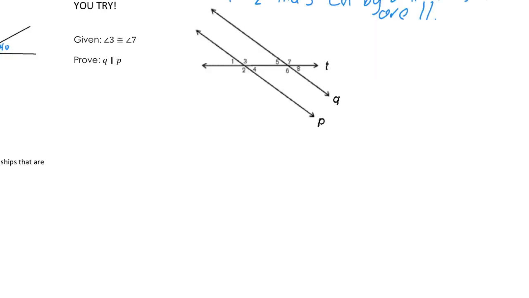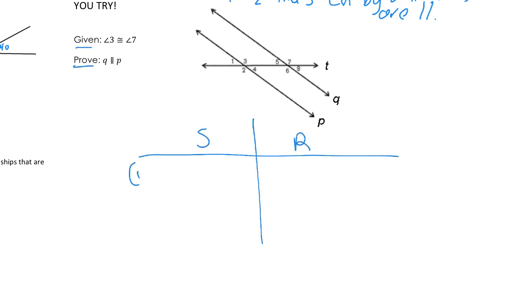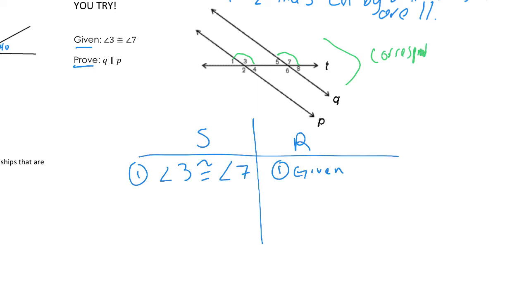First thing I want to do, it's a proof. It says given and prove. So I'm going to write my statement and reason chart. And step 1 is always write down the given. So angle 3 is congruent to angle 7. And they gave it to me. That's how I know. So step 2. All right, let's look at angle 3 and angle 7, and they're equal. What kind of angles are those? Oh, those are corresponding. Well, I know if my lines are parallel, corresponding angles are congruent.